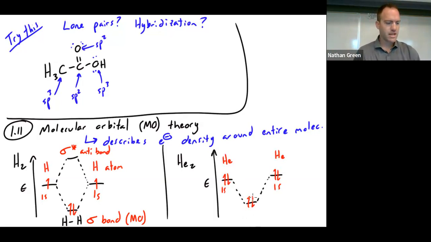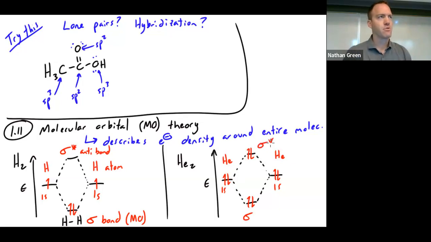Is that the only molecular orbital that I'm going to form? Because I've got 4 electrons that I'm trying to interact here. So 2 went down, but 2 also went up. That means my sigma bond and my sigma star bond are both occupied.